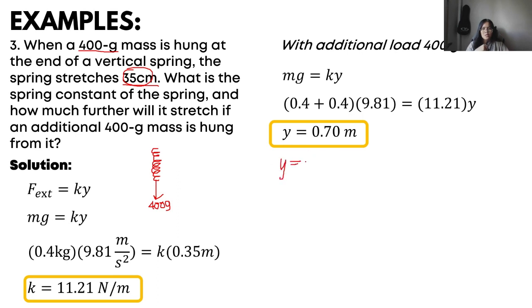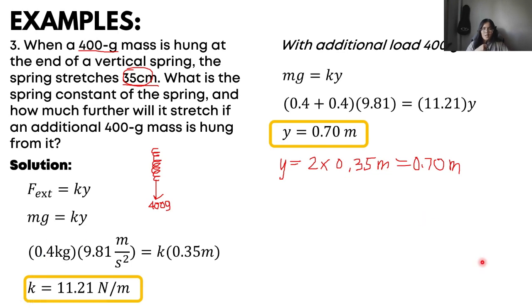Okay, so pwede rin 2 times 35 cm or 0.35 meters. So, makukuha mo 0.70 meters. O, same lang lalabas dyan.